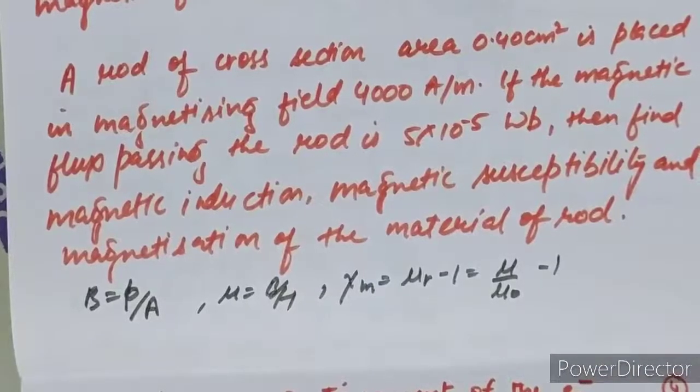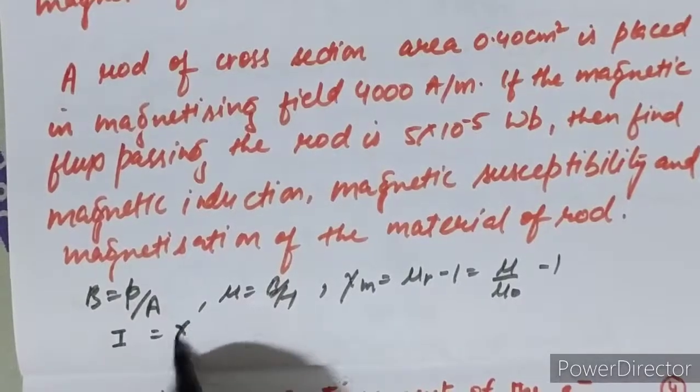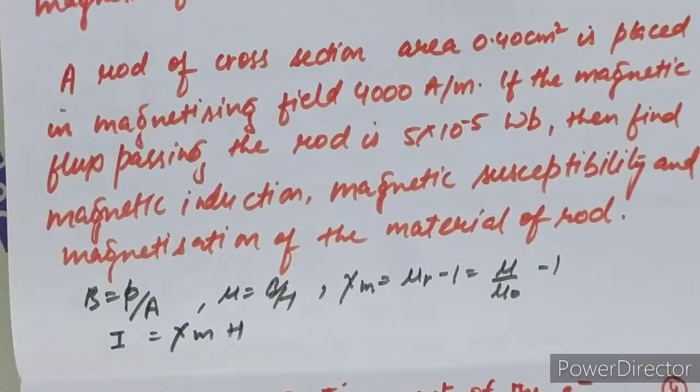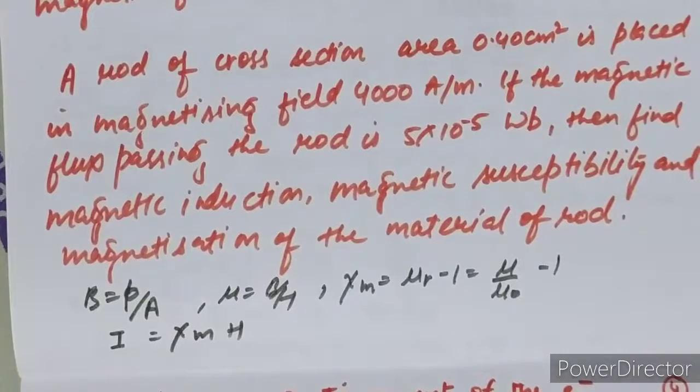Then in the last you have to calculate the magnetization, the intensity of magnetization I, and you know the formula I is equal to chi m into H. All these values are related to each other. Apply the formula, convert the values from centimeter to meter, and easily you can calculate your answer. Clear? Thank you. That's all for today.